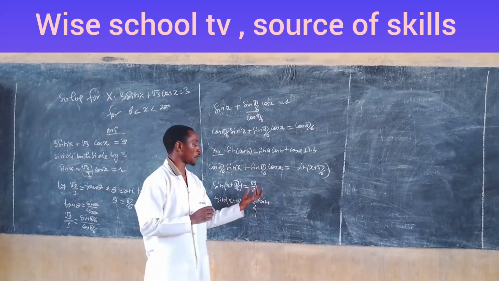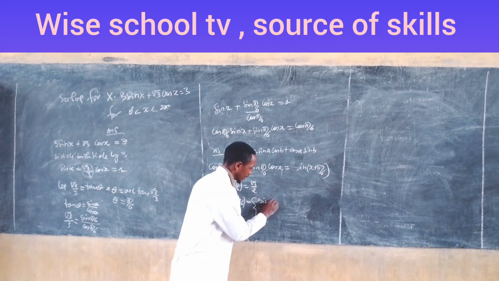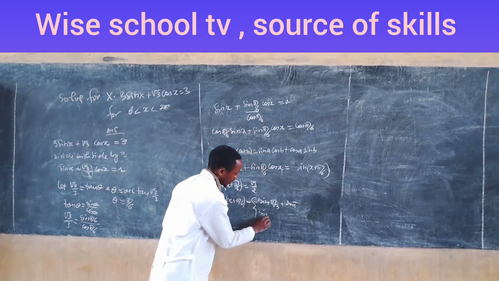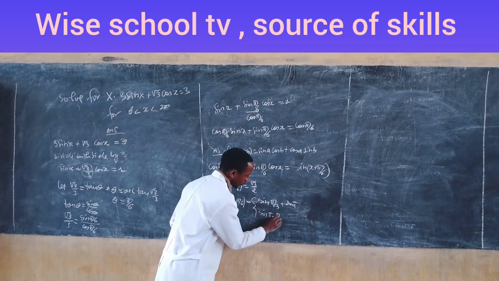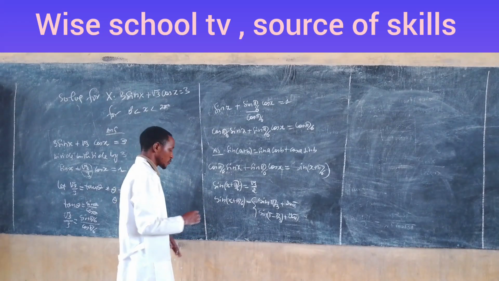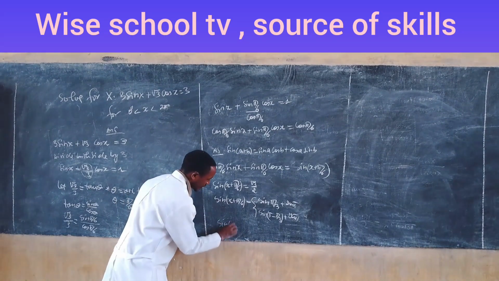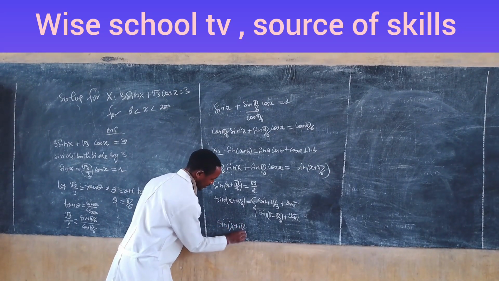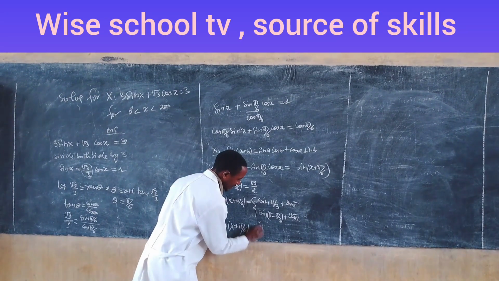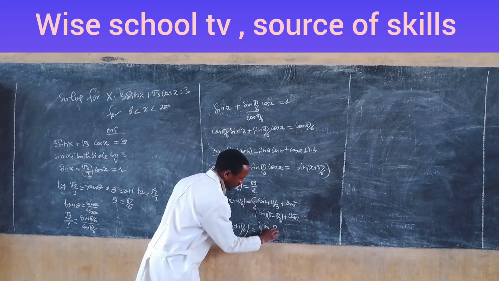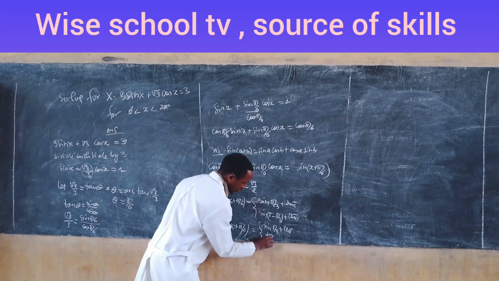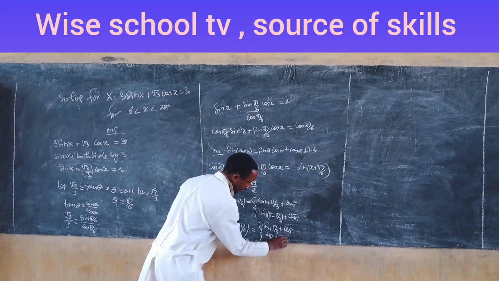Square root of 3 over 2 is equal to the sine of pi over 3 plus 2k pi, or sine of pi minus pi over 3 plus 2k pi. So also, sine of x plus pi over 6 is equal to pi over 3 plus 2k pi and 2 pi over 3 plus 2k pi.